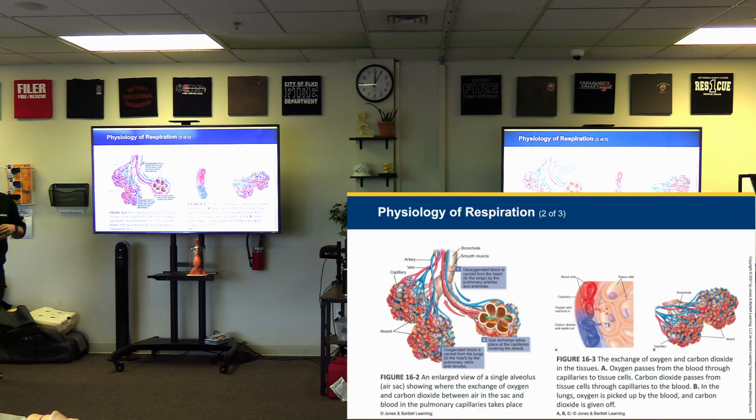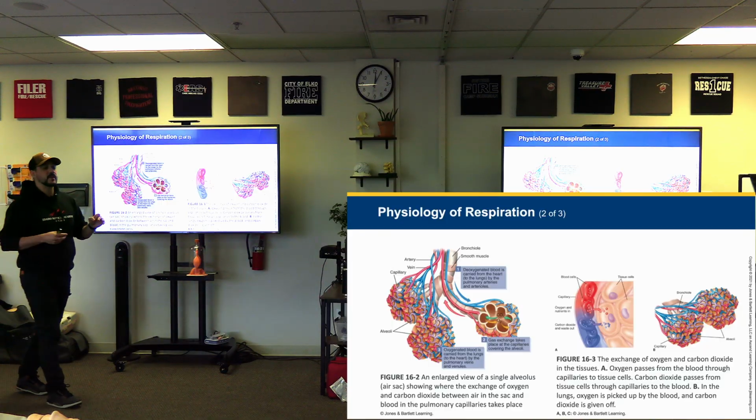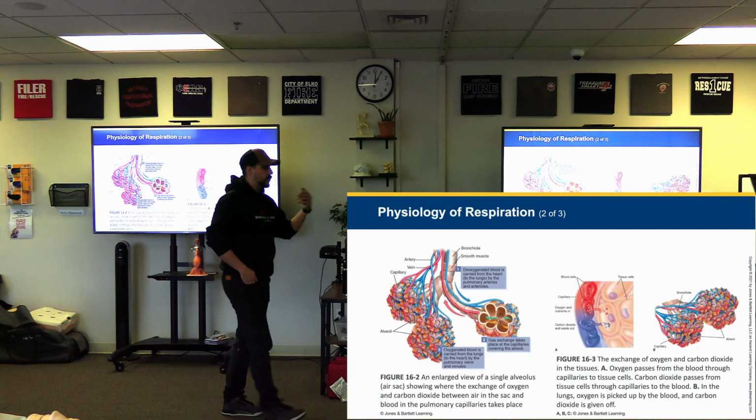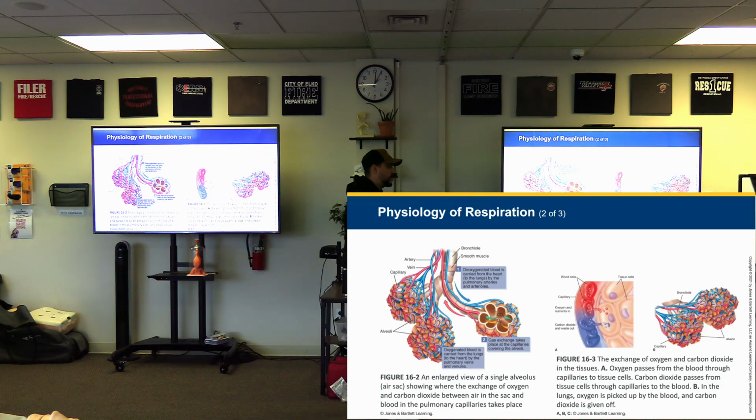Those veins will then carry oxygenated blood back to the left side of our heart, the left atrium in particular. You'll have a contraction of the heart, sent to the left ventricle, contraction of the heart, out through the aorta to the rest of the body, where we will have an oxygen exchange still, right? We're focusing pretty specifically on the respiratory side of it right now, but keep that in mind. This process happens all over the body, okay? It's not just one isolated space.